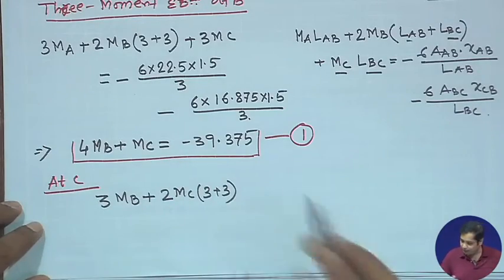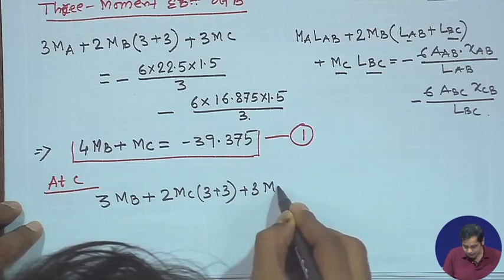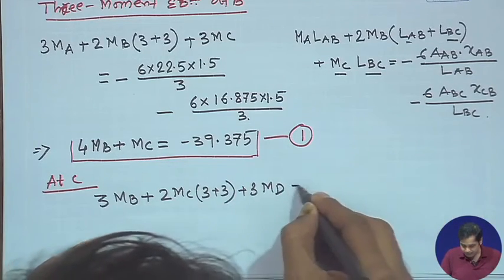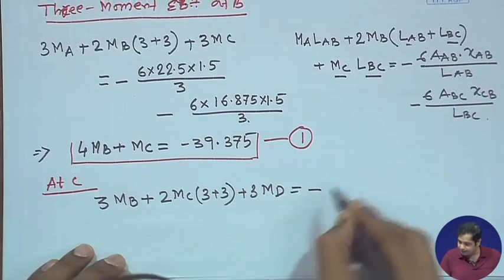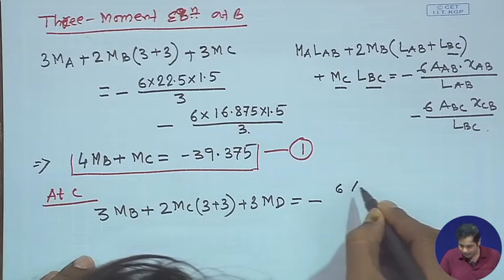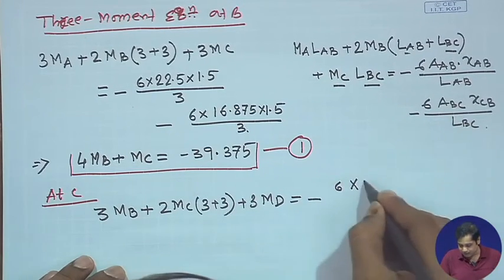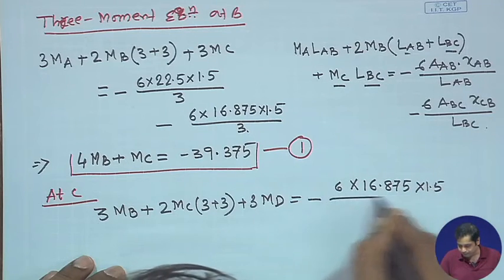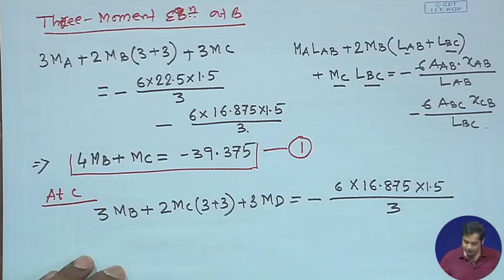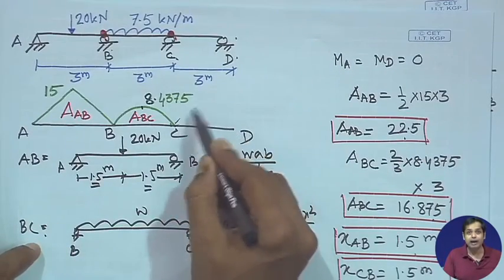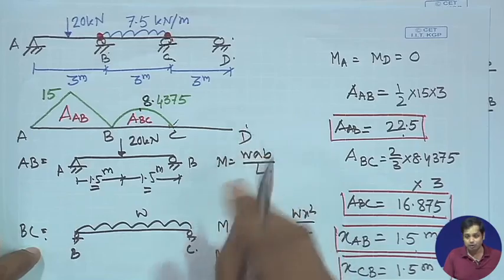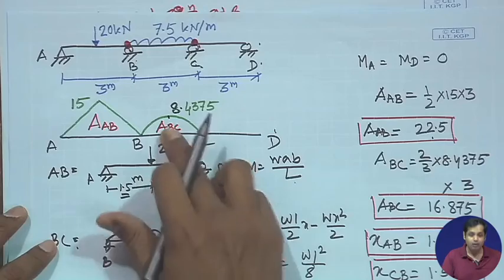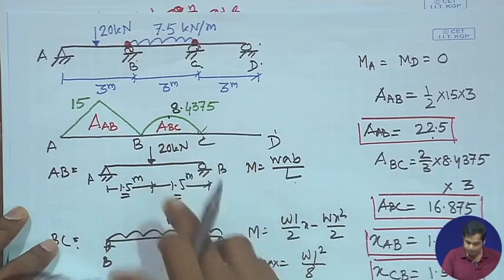Okay. And then plus 3 MD, and that is equal to minus 6 ABC, ABC means 16.875 into 1.5 divided by 3. You check here, since the bending moment between C and D is equal to 0, on the right hand side we will have just the contribution from the span BC.